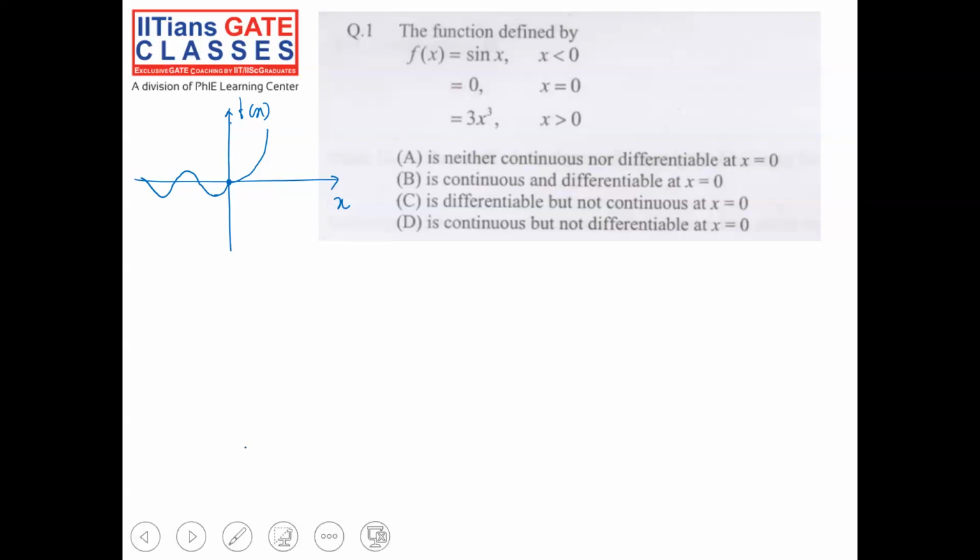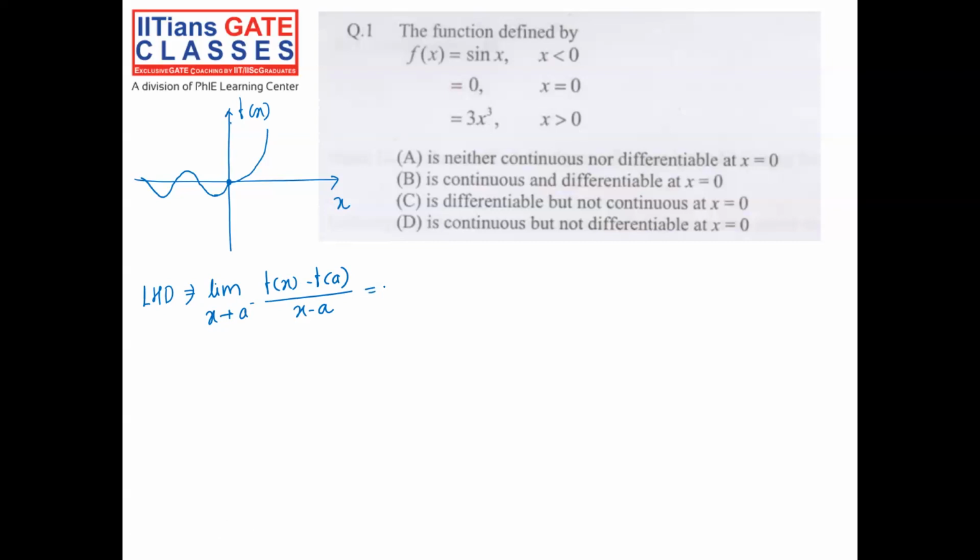The left hand derivative is the limit as x tends to a from the negative side of f of x minus f of a divided by x minus a. We are approaching the point a, which is 0 in this case, from the negative side.